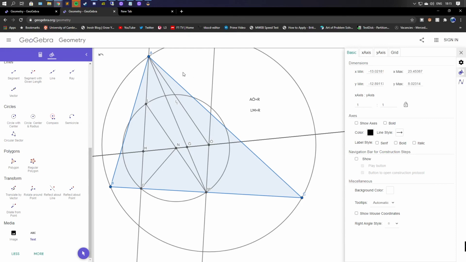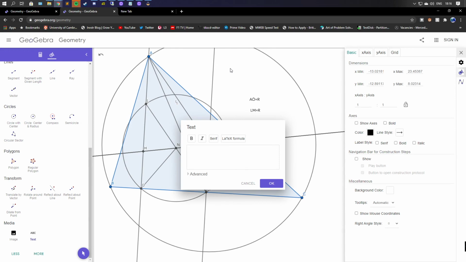And notice that A plus B plus C is equal to 180, which means if we add C and subtract C, we get A plus B plus C. Hang on, let me just write this down.